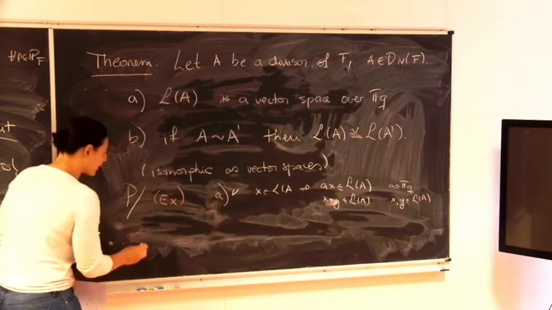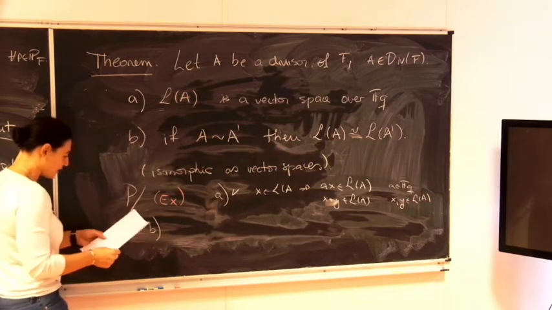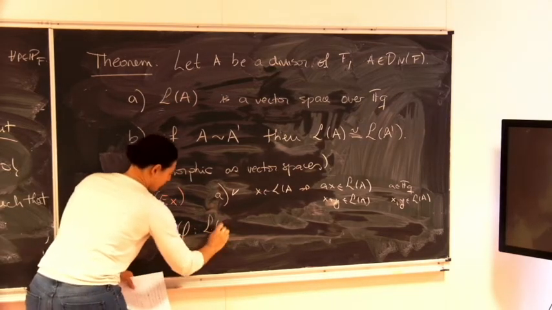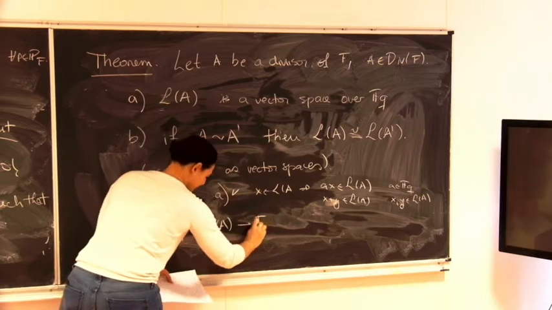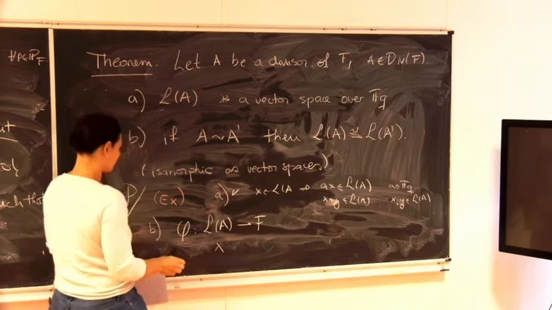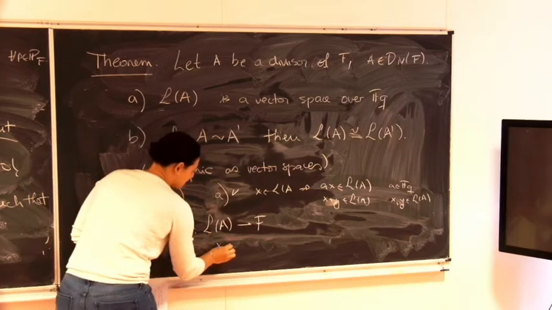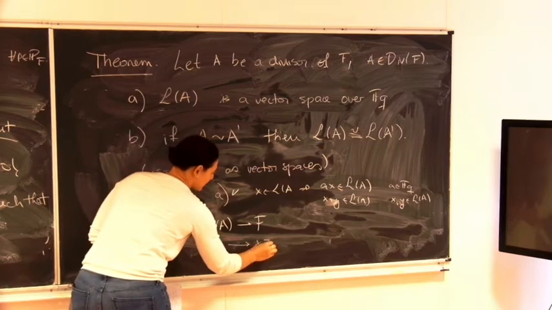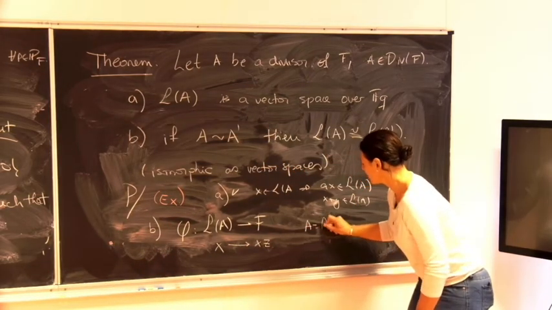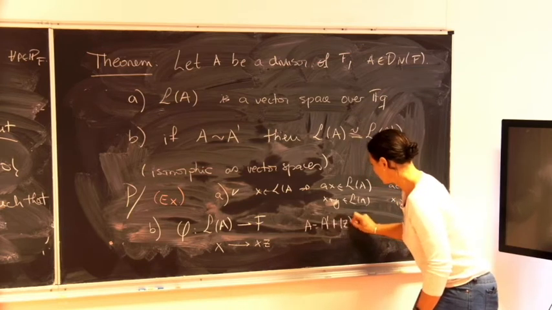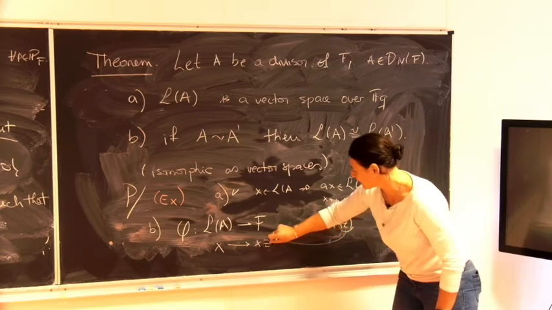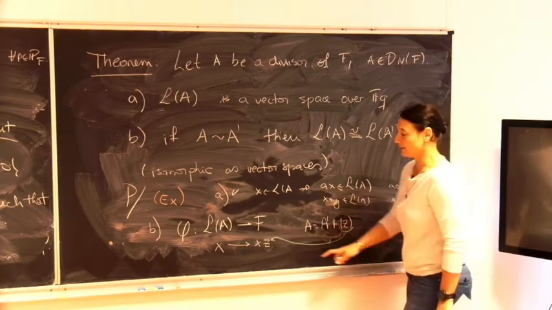And for the second part, these are going to be the isomorphisms, phi from L(A) to L(A prime), such that any x is going to be sent to x times z, where this z, if A is A prime plus the principal divisor of z, is the element that I use here to define that isomorphism.